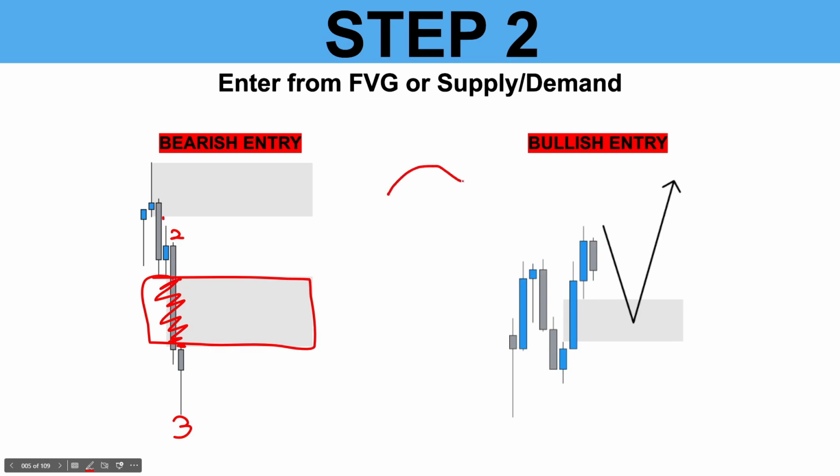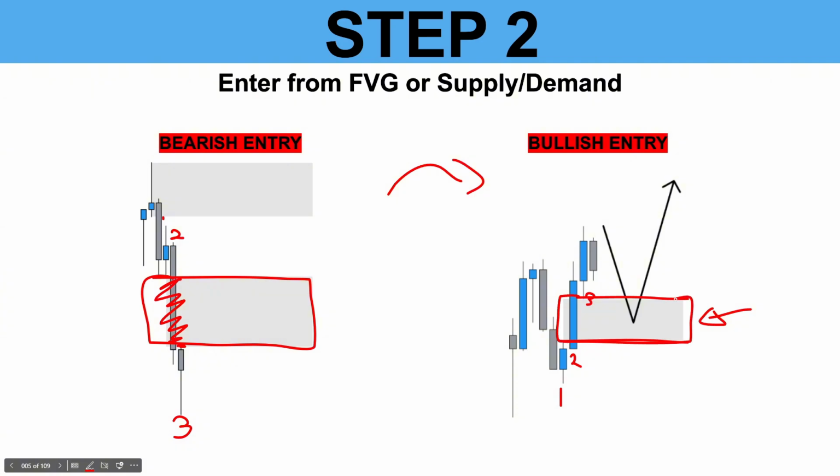Same thing as we go across to the bullish example. We can either enter from a demand zone or a bullish fair value gap. In this case, I have shown the example of a bullish fair value gap. As we can see here, if I mark this up candle 1, candle 2, candle 3, we take the top of the wick from candle 1, the bottom of the wick of candle 3, and the body only of candle 2.